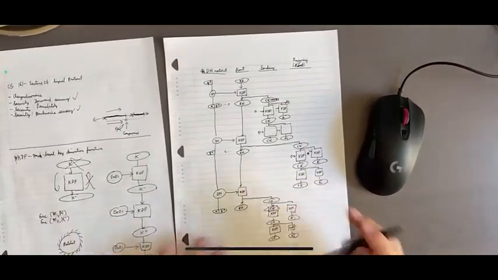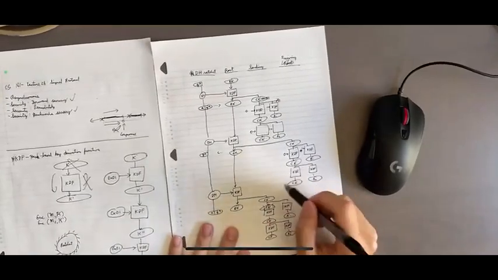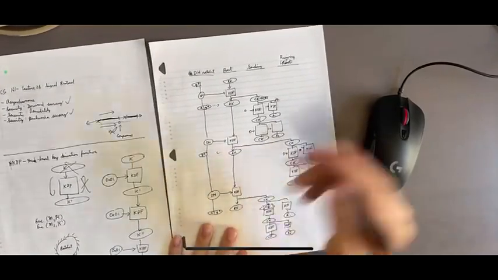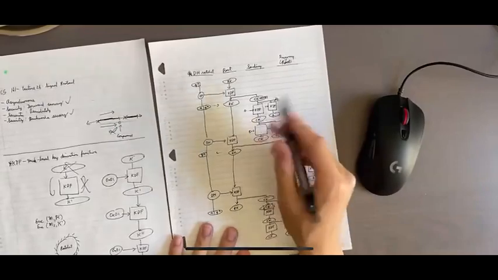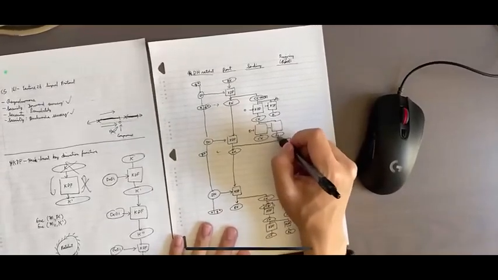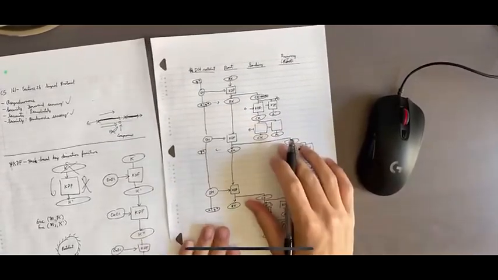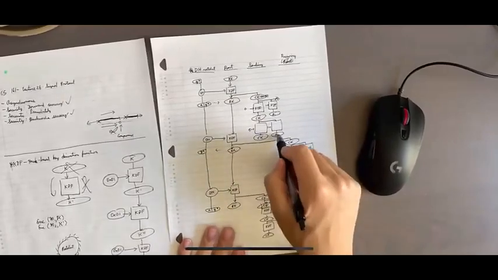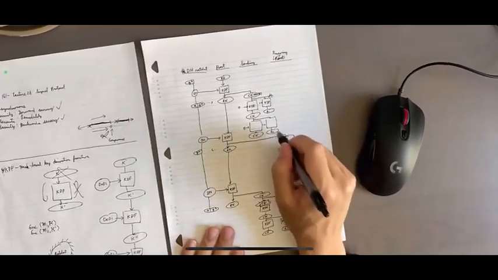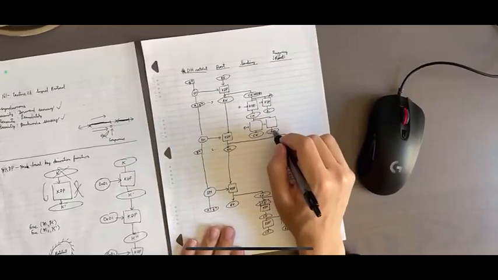But we get forward secrecy because anytime Bob sends us a message, or anytime we send Bob a message, we will increment this chain key and then derive a completely separate sending key. So if, for example, the adversary compromises one of our sending keys, he only learns one of the messages.